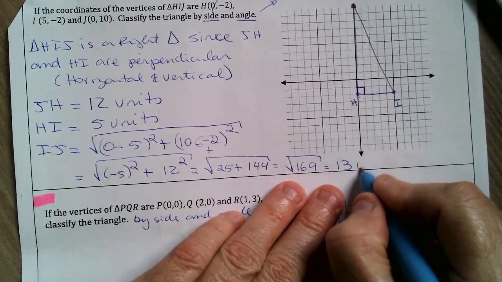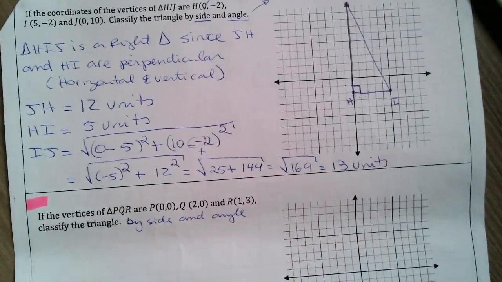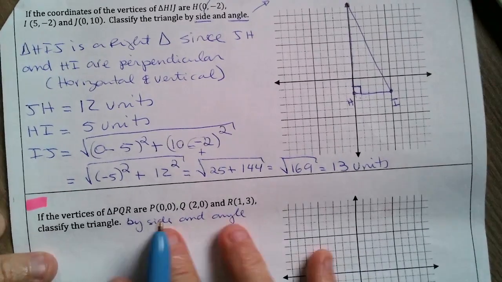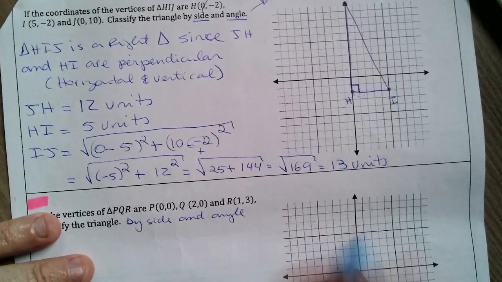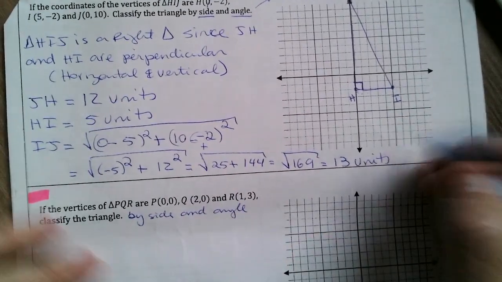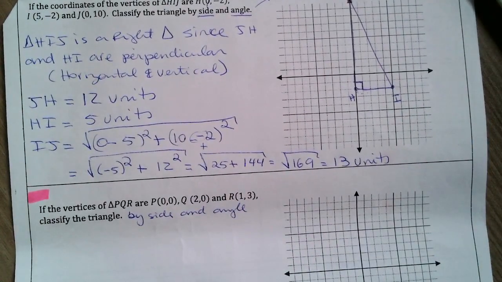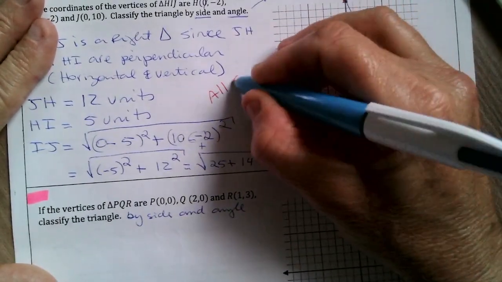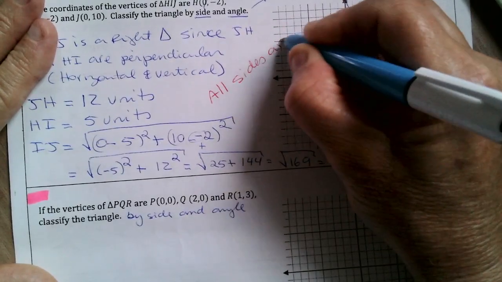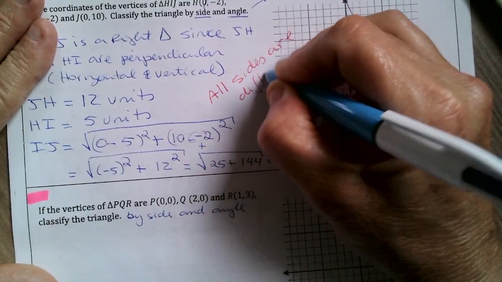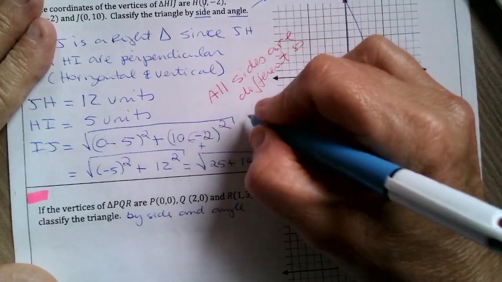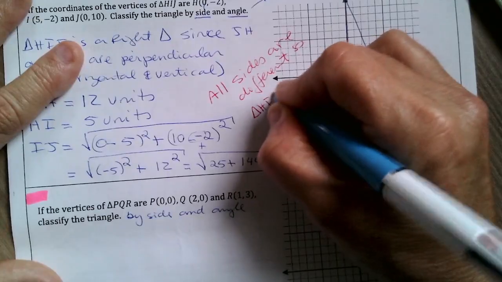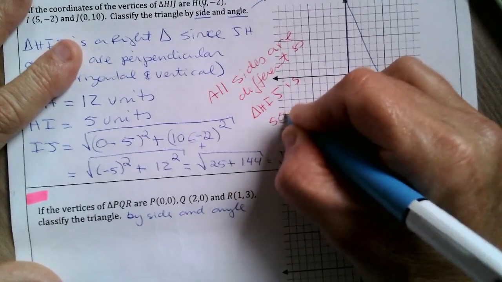So IJ is 13 units. So all sides, I ran out of space here, but I'm going to write it over here. All sides are different. So triangle HIJ is scalene.